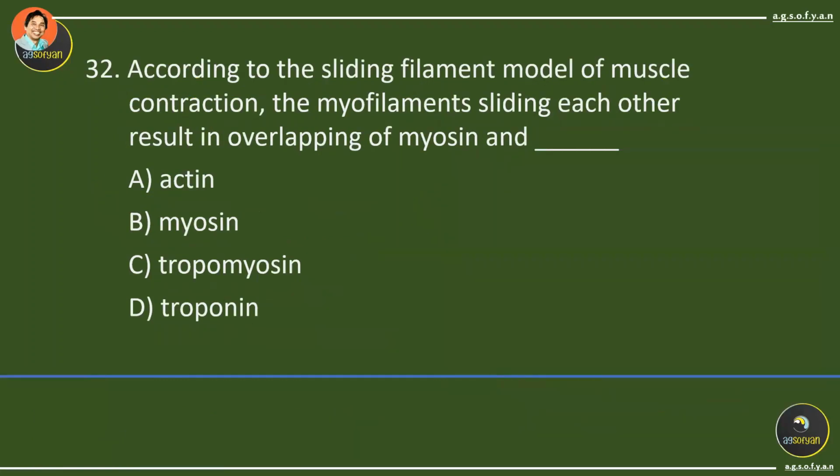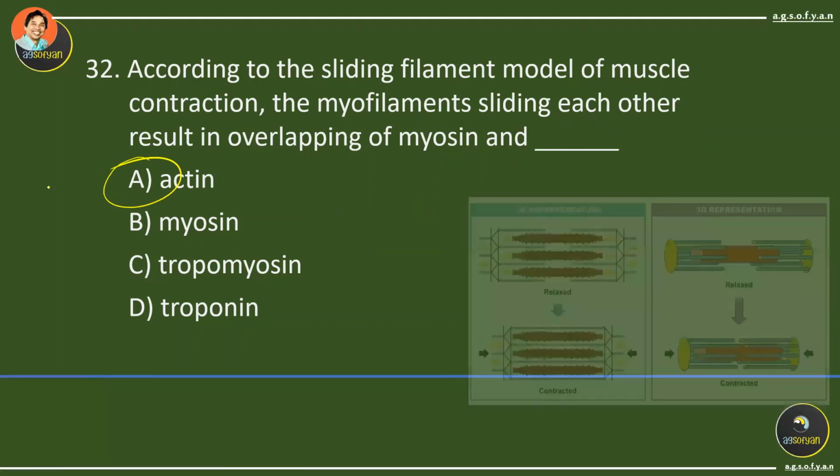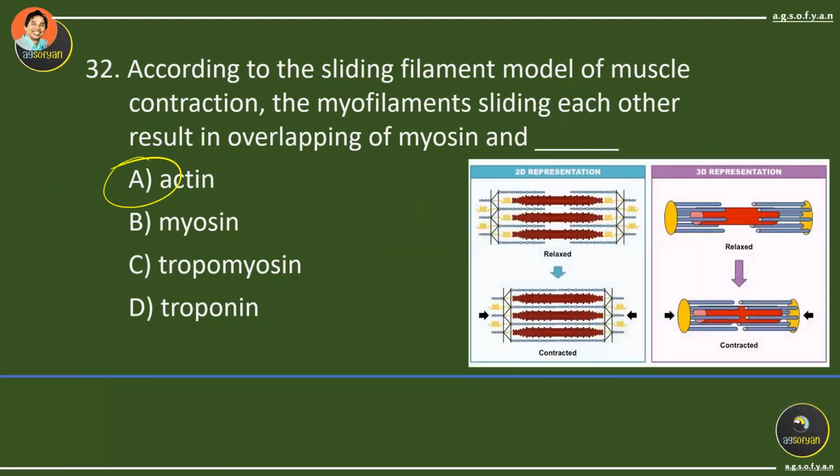According to the sliding filament model of muscle contraction, the myofilaments sliding past each other results in overlapping of myosin and, which one? It will be actin. So actin and myosin are the two filaments that slide past each other during muscle contraction.